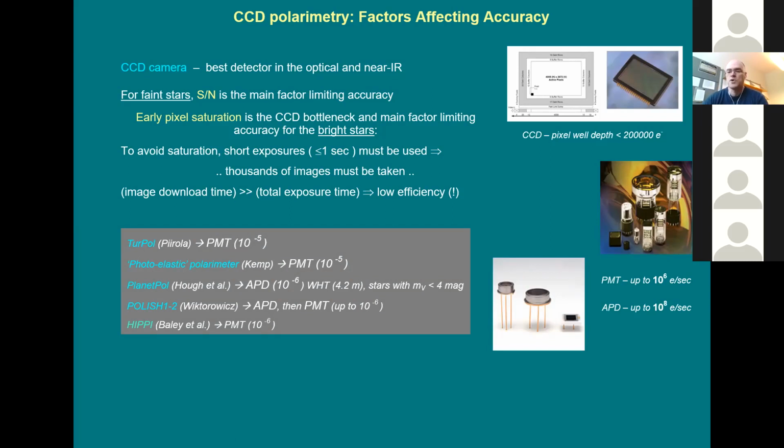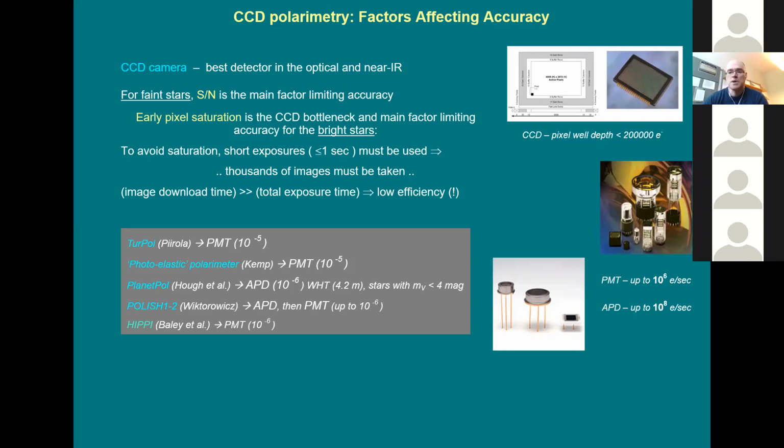The first record breaker, Planetpol, which was the first instrument capable of measuring polarization of bright stars with accuracy of a few parts per million, used APDs. It still exists. Polish 2 and HIPPI polarimeters use PMTs as detectors.